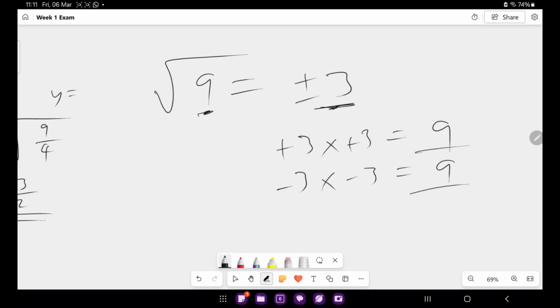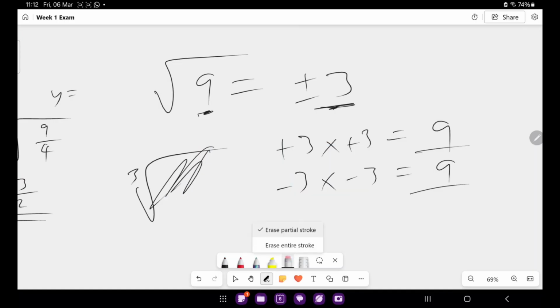So meaning every time you apply a square root, the answer would be plus or negative. It's different in cases of cube root, but when you are using a square root, it's always the same, plus or minus.